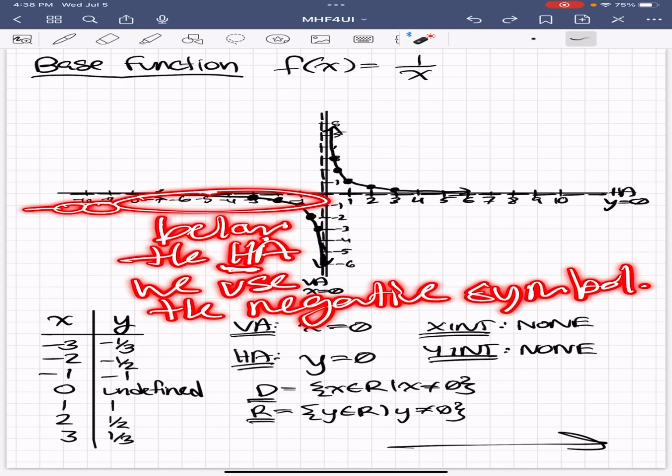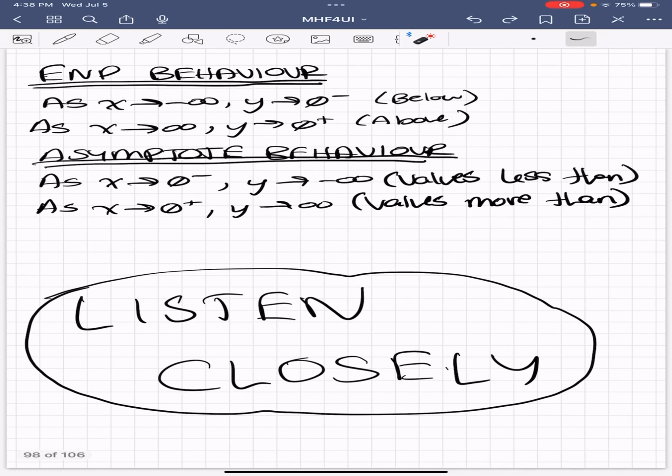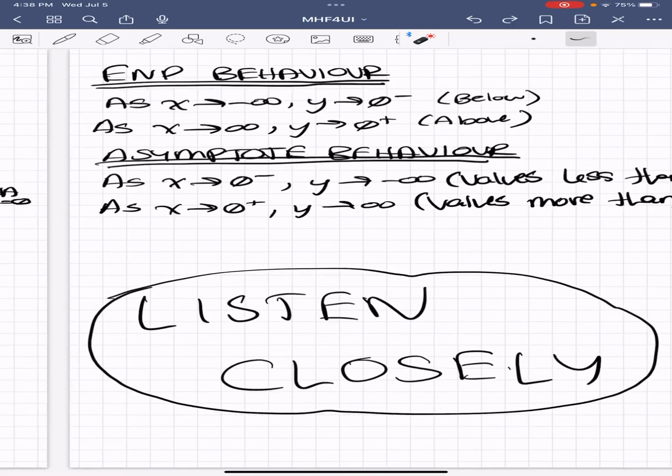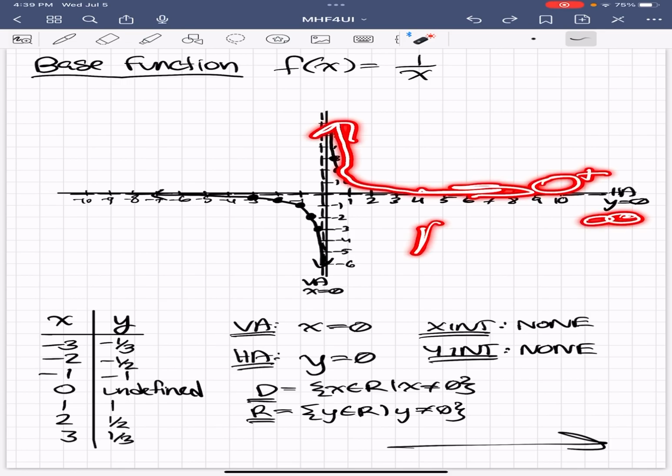So as x approaches negative infinity, we have our graph here that's approaching 0 from the negative side.